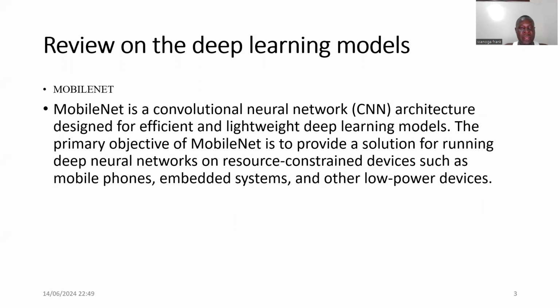Then there is what we call MobileNet. It's a convolutional neural network that was built to be used on resource constrained devices such as mobile phones. So these are neural networks that are developed to run on mobile phones and low power devices.